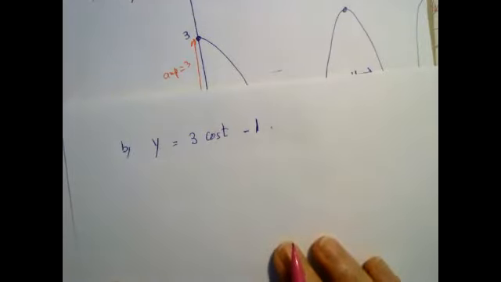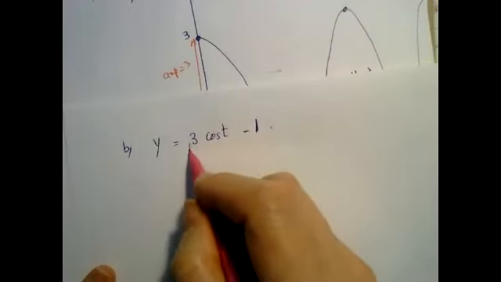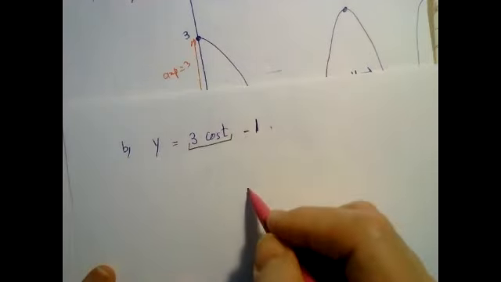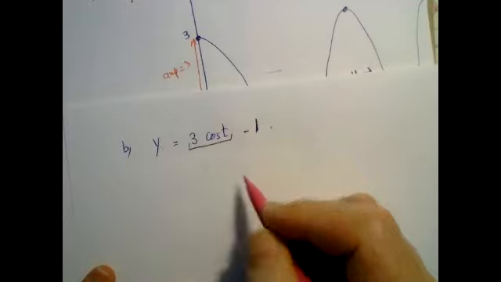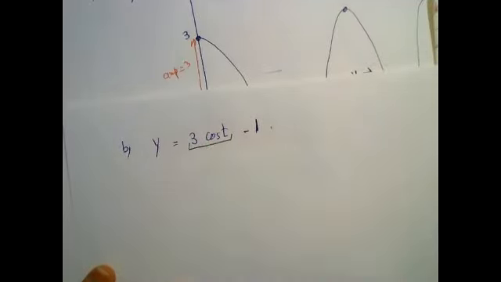How will this affect the graph? Quickly. We're going to take the 3 cosine and do what to it? Move it down by 1 unit. So we take the 3 cosine, we shift it down by 1 unit.